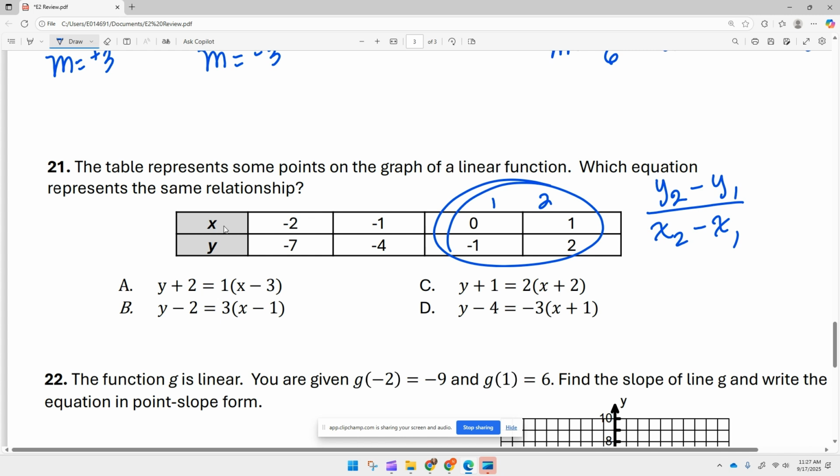Be careful, even though the x is on top on the table, the x values need to be on the bottom when you do your rate of change. So that's going to be 2. Since that's -1, it becomes +1. And then 1 minus 0. That gives me 3 over 1, which is 3. So that gives me my answer B.